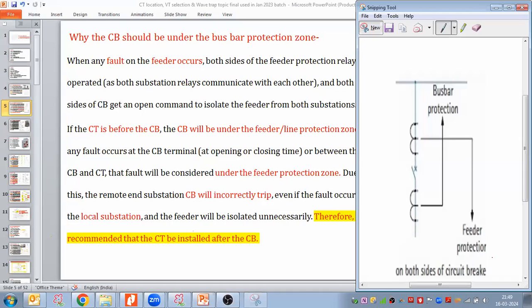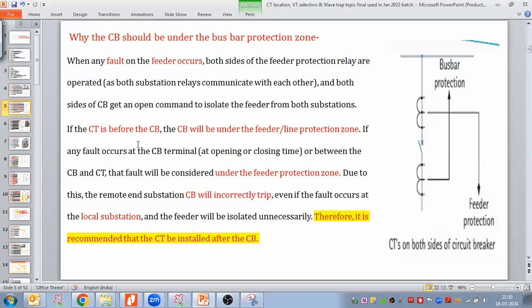If any fault happens on this circuit breaker, or between the CT and CB over here, and the CT is before the CB, the breaker will be under the line protection zone. That fault will be considered under the feeder protection zone.